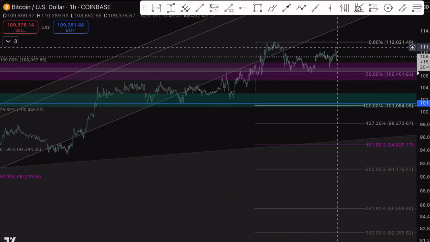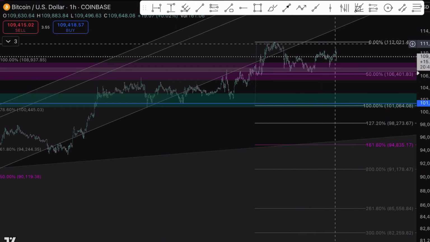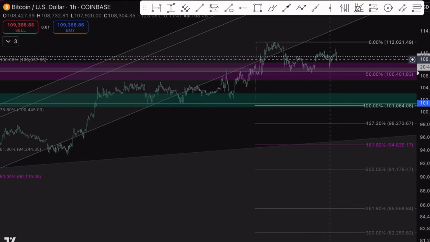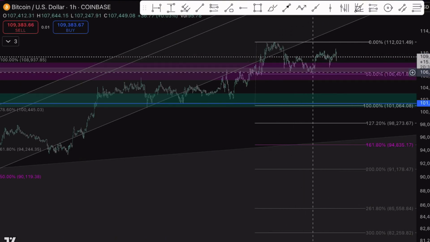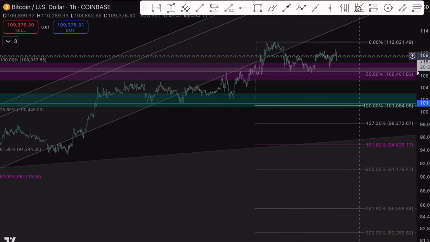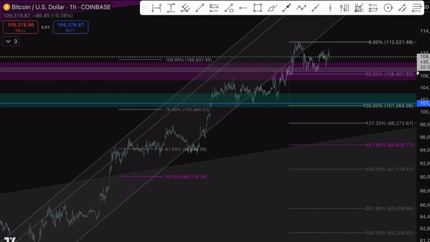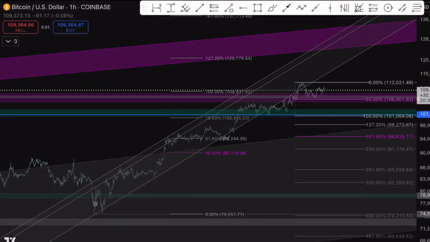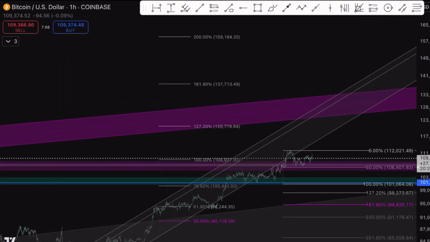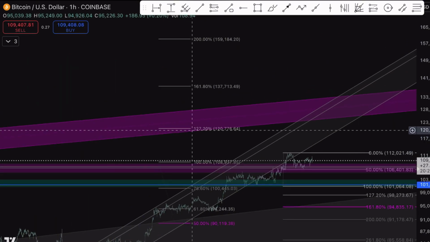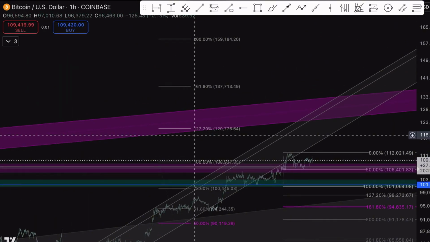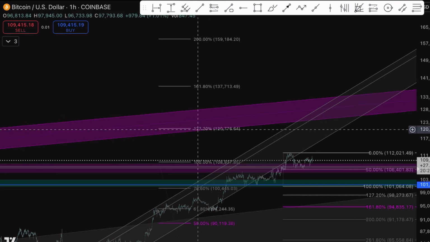It looks like resistance consolidation, resistance, before it tries to make a major move, if it is trying to make a major move upwards, because the next target would be right here around 120,000, right?